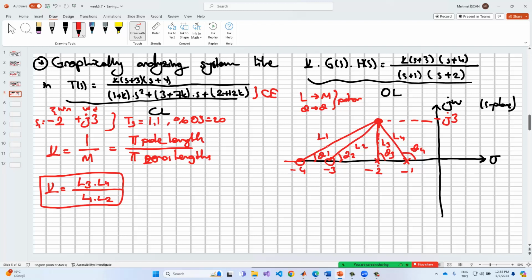If you are using the poles of this equation, then you can find the best value for K. If you choose K in accordance with this, we can provide the system this transient response.